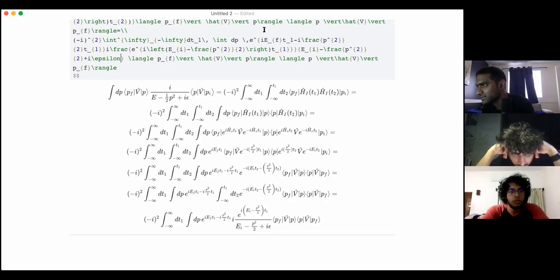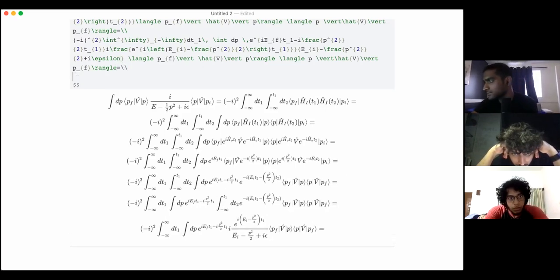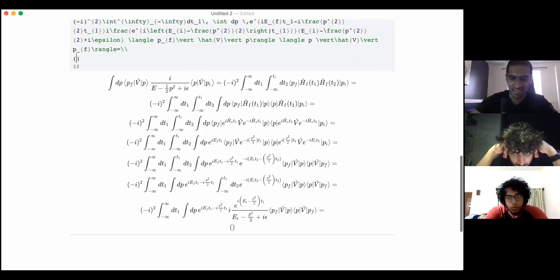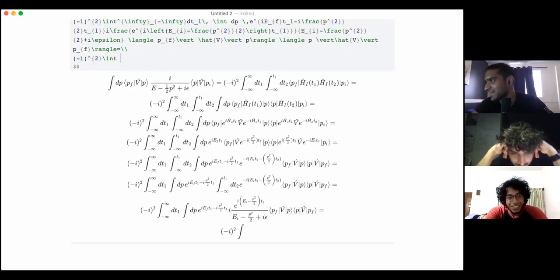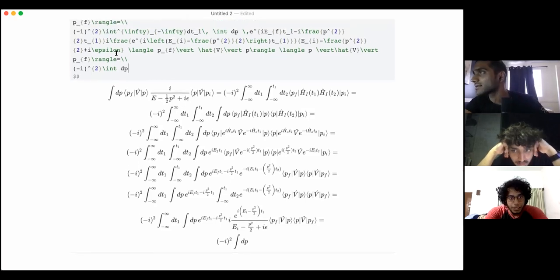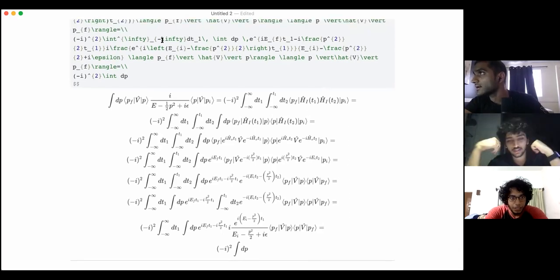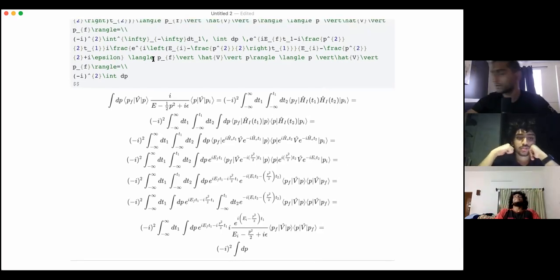Let's see what that delta function will be. Wonderful. It's good to see something that resembles it come through by now. Oh well, we're almost there. What do you mean just resembles? Let's take dp outside. So we have our integral over T1 now.